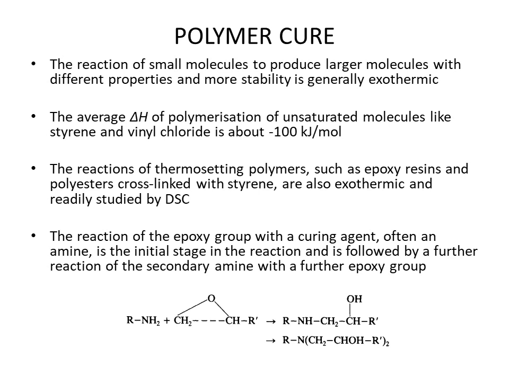So it is the reaction of small molecules to produce larger molecules with different properties and more stability. Generally, these reactions are exothermic. And the average enthalpy of polymerization of unsaturated molecules like styrene and vinyl chloride has been calculated as -100 kJ per mole. So this is exothermic.